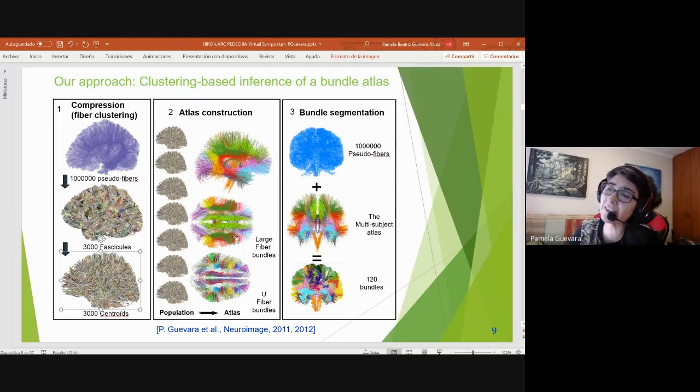With this analysis, we can then extract information that is representative of a population of subjects and create atlases of white matter. And the third step is, once we have atlases, we can extract this information and segment the bundles.